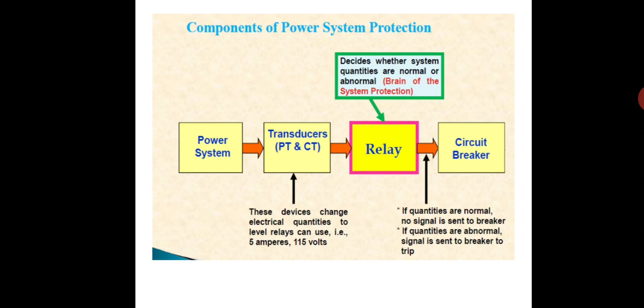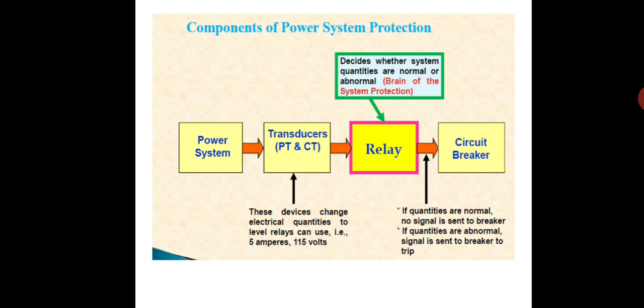If everything is fine, relay will not take any action. If there is any abnormal condition or fault, only then will the relay take an action. This decision-taking ability is there only with the relay. How it decides that, we'll see further.